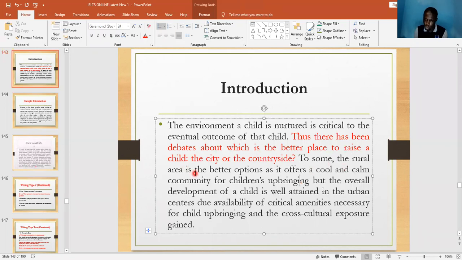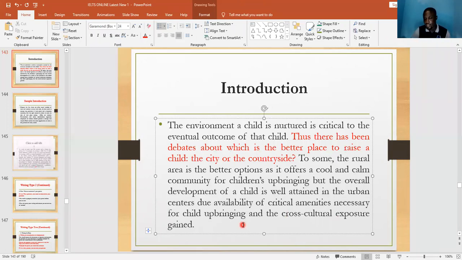To some, the rural area is the better option as it offers a cool and calm community for children's upbringing, but the overall development of the child is well attained in the urban centers due to availability of critical amenities necessary for child upbringing and the cross-cultural exposure gained.